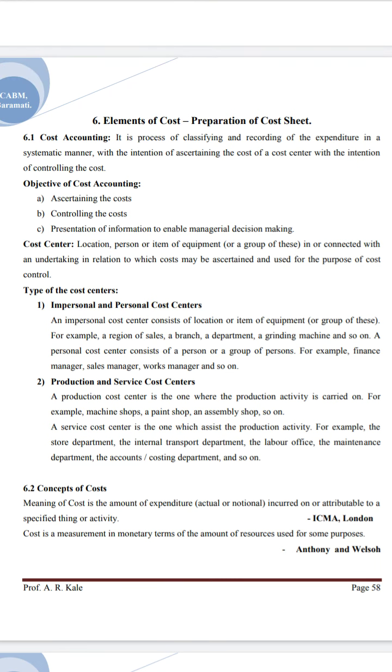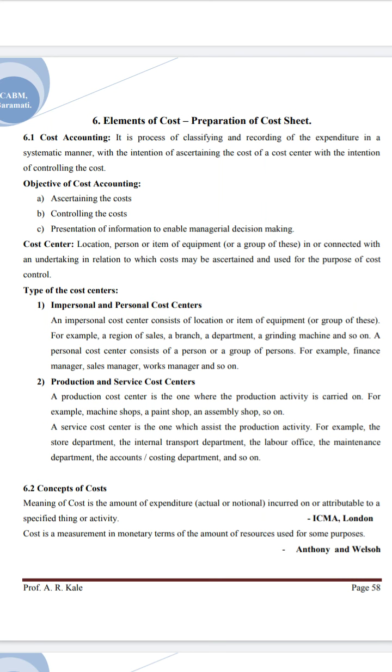Okay, a personal cost center consists of a person or group of persons. In impersonal there are only physical things, rather than humans, like branches, departments, machineries, selected as the cost centers in impersonal.